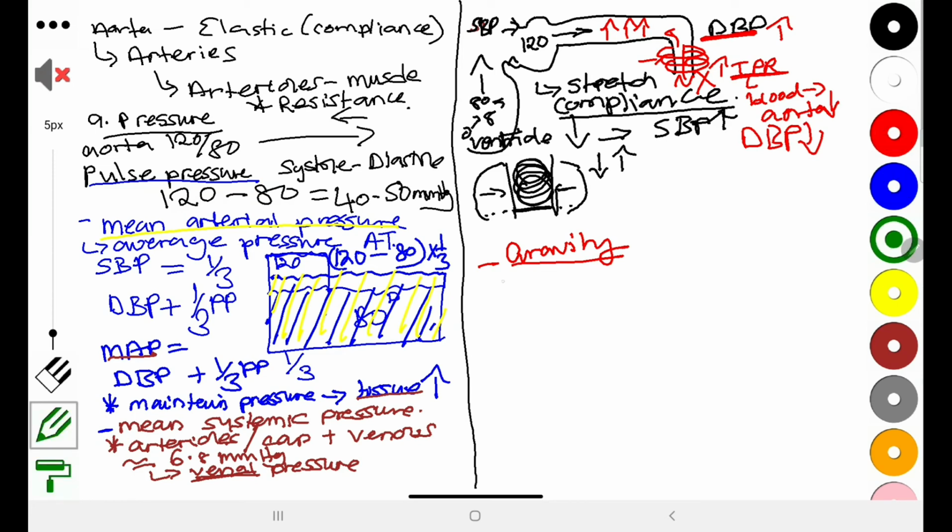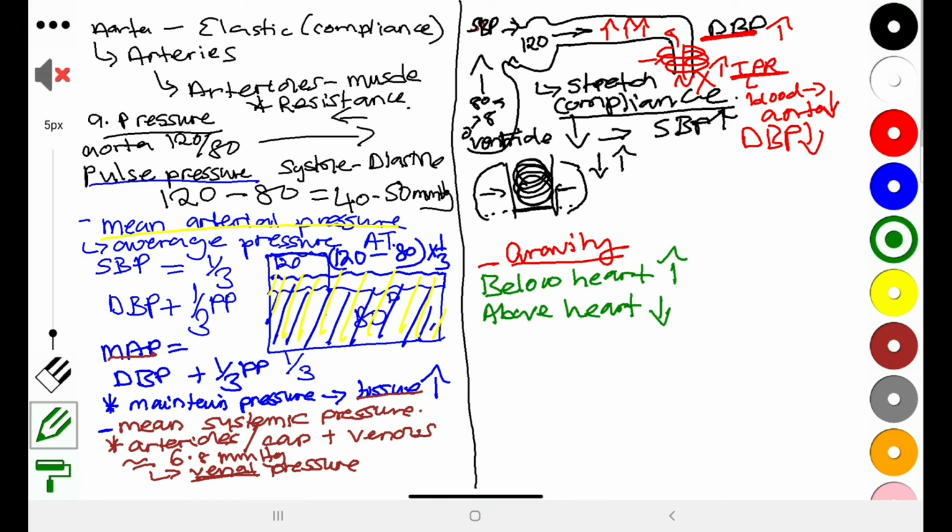So for gravity, you see that pressure in the vessels that are below the heart will tend to, let me say that again, pressures in the vessels below the heart level will tend to increase. Okay, and if it's above the heart, you will find that there is a decrease that goes on. So this is very specific.